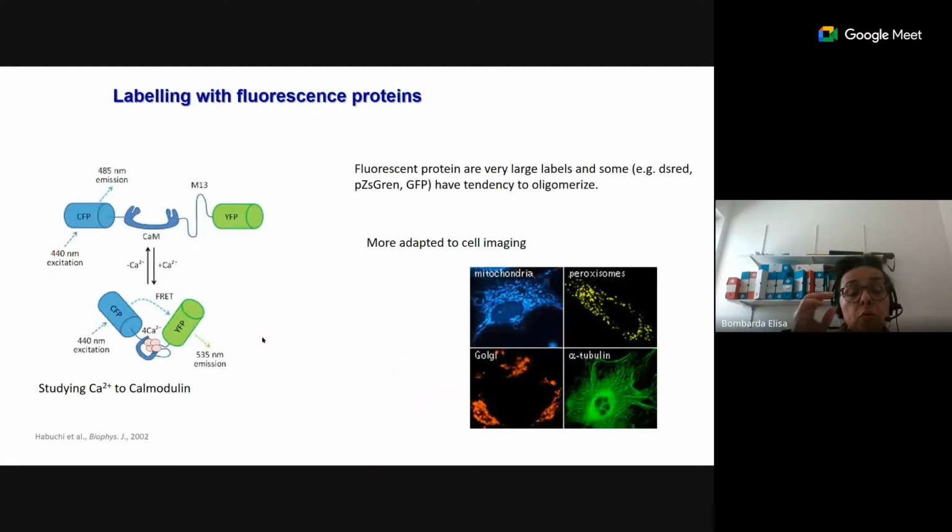Concerning labeling with fluorescent proteins, definitely GFP opened this chapter some decades ago.